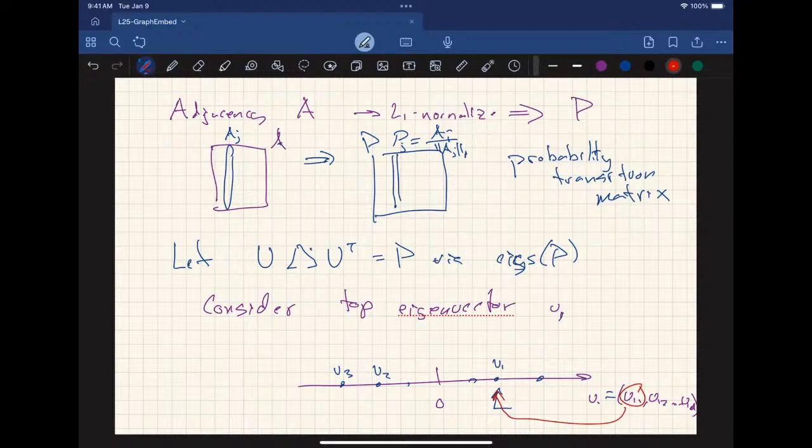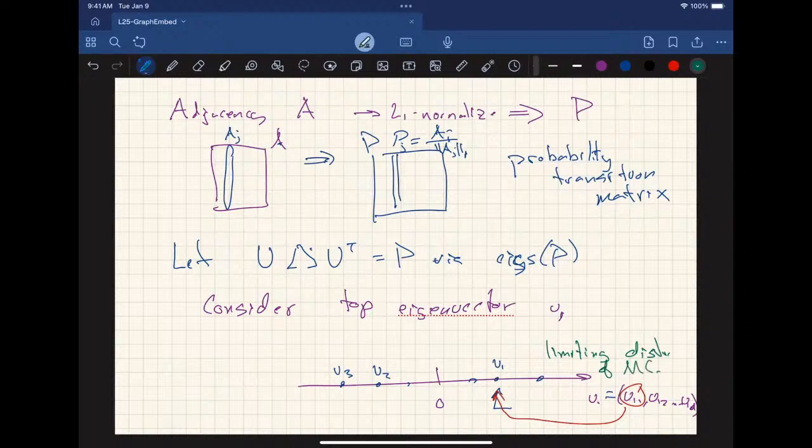This is also telling me there's some sort of embedding. I could do this multi-dimensional, but let's just look at the first dimension here. This is the limiting distribution of a Markov chain, right?